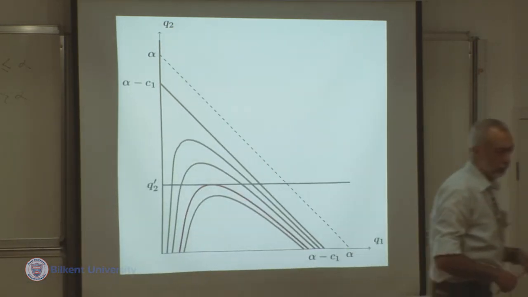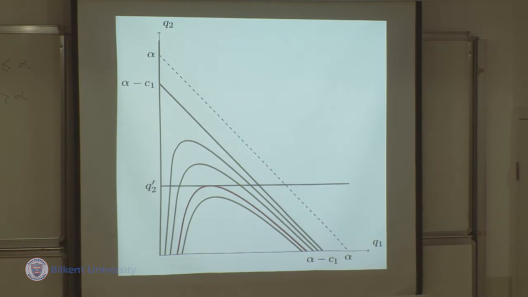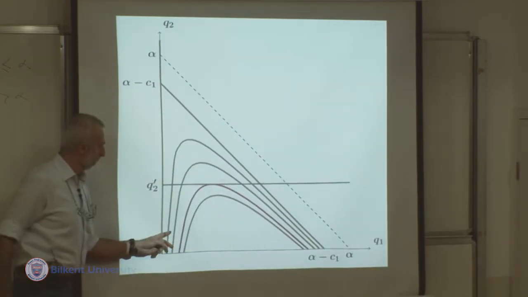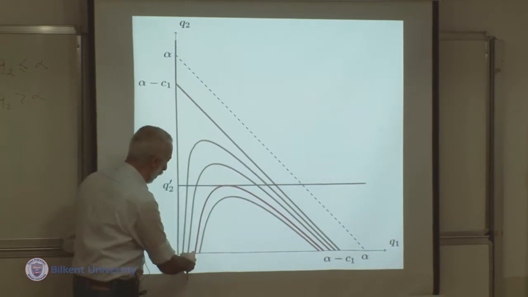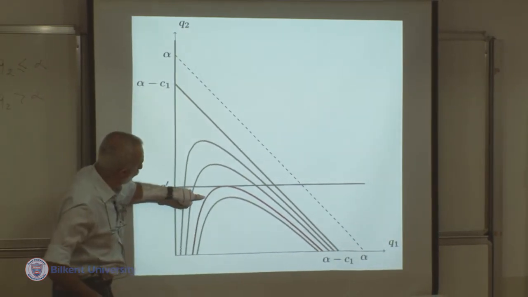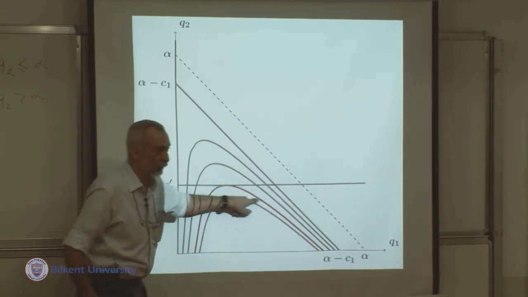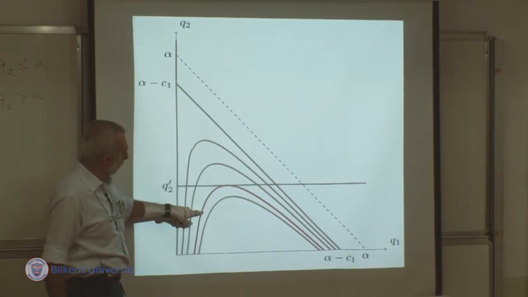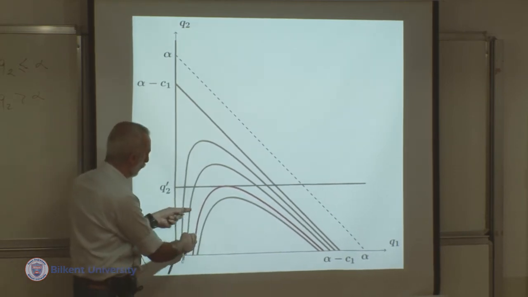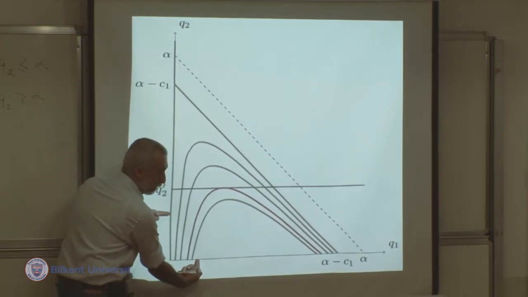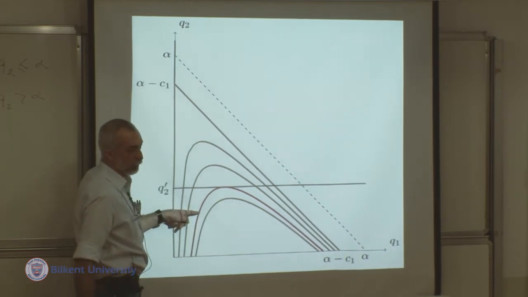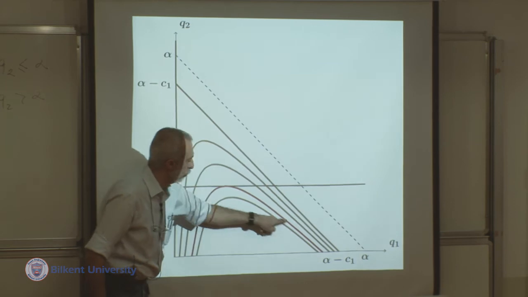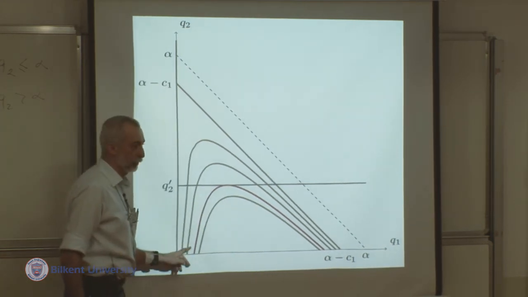Yes, sir? What does isoprofit curve represent? Iso equals profit. So at any strategy profile on this curve, the firm's profit is the same. If his profit at this point, when firm 2 produced this much and firm 1 produced this much, was 2, it's going to be 2 here, and 2 here, and so on.